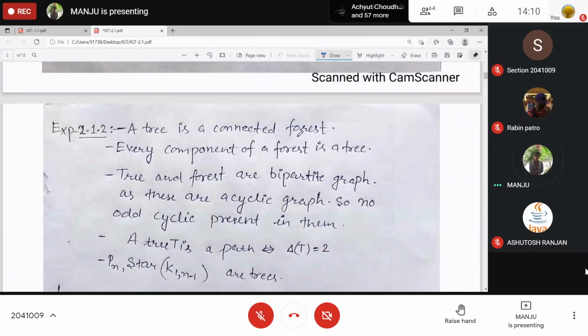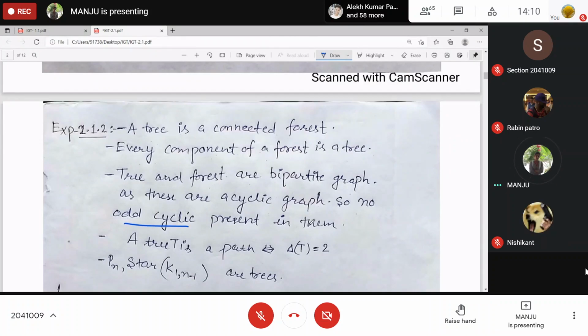A forest means an acyclic graph, and every component of a forest is a tree because components are maximal connected graphs, so each is connected and acyclic. Trees and forests are bipartite graphs, as there is no cycle, so there is no odd cycle either.